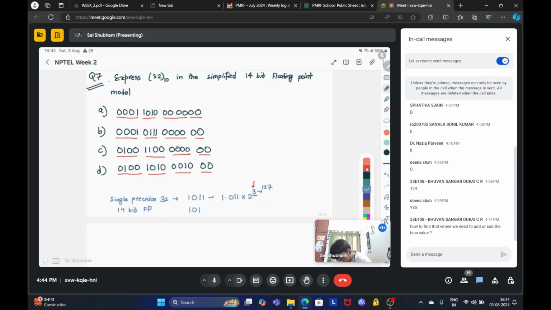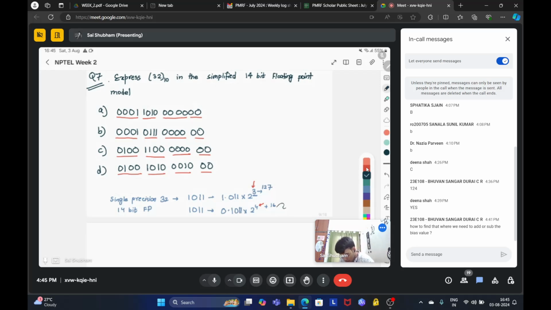If your number is 1011, you will convert it into 0.1011 into 2 power 4, and to this exponent 4 you will add a bias of 16 to get your exponent in the 14-bit format. And when you are converting from 14-bit floating point to the decimal value, you will subtract 16. Things are different in both the cases.